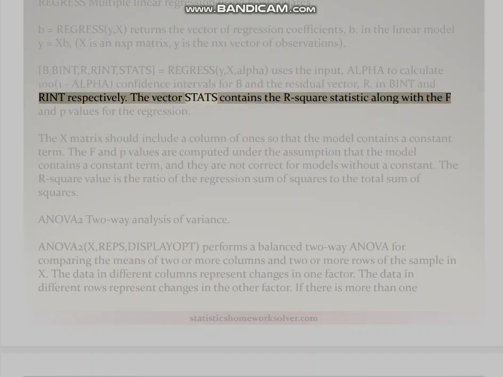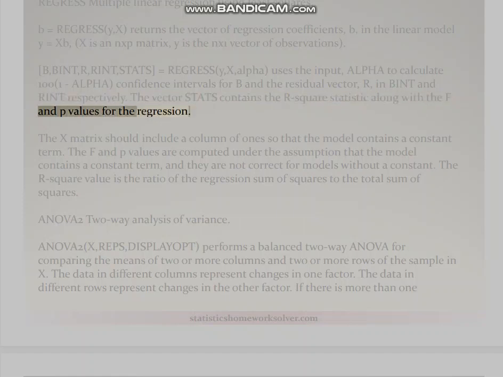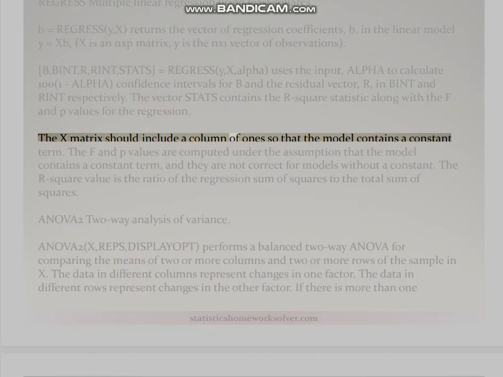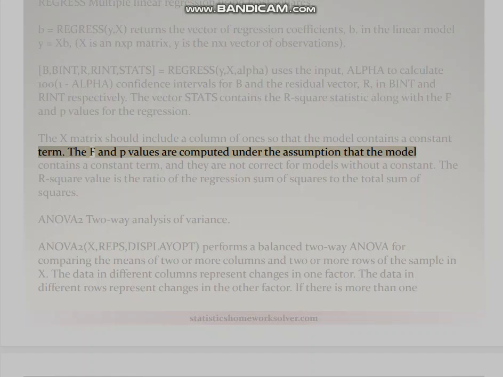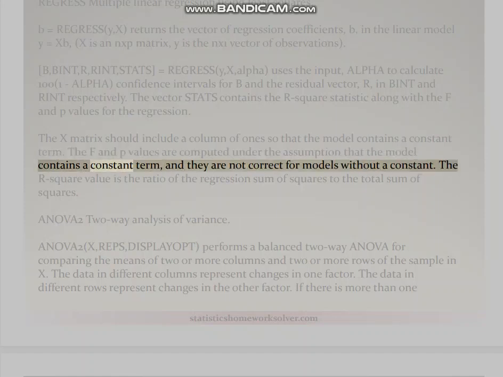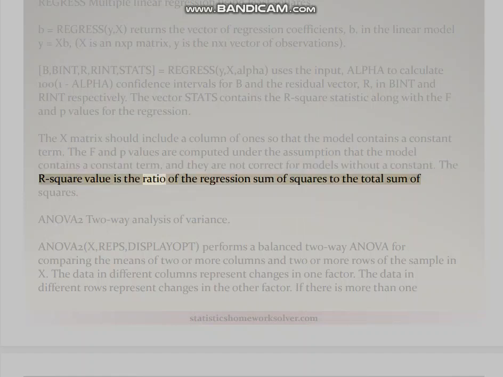The vector stats contains the R-square statistic along with the F and p values for the regression. The X matrix should include a column of 1s so that the model contains a constant term. The F and p values are computed under the assumption that the model contains a constant term, and they are not correct for models without a constant. The R-square value is the ratio of the regression sum of squares to the total sum of squares.